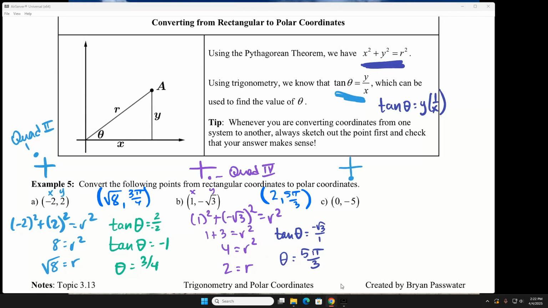Now, when it's on the axis, I wouldn't do any of that stuff I just did. I know that I go 5 units down to get there, and that angle is 3 pi over 2. So I know that r is 5 because it's 5 units down, and it's at angle 3 pi over 2.